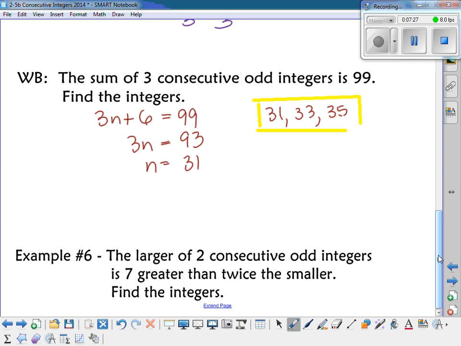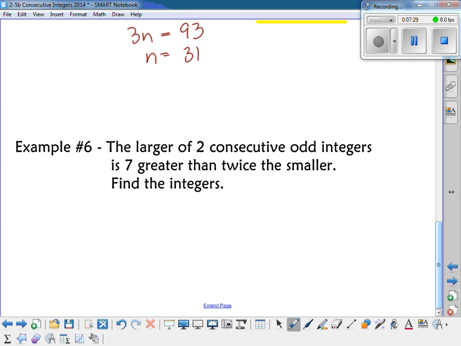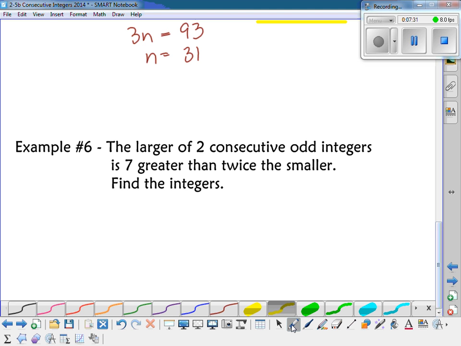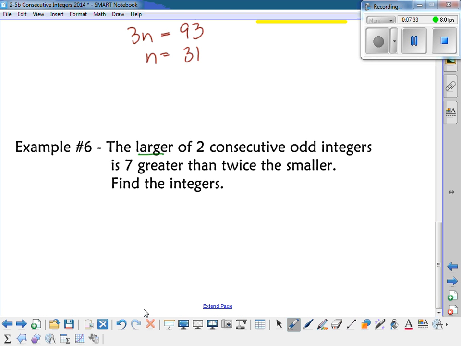One more before we run out of time. The larger of 2 consecutive odd integers, so now I only have 2, is 7 greater than twice the smaller. First I'm going to take those words and make them into an equation with words.